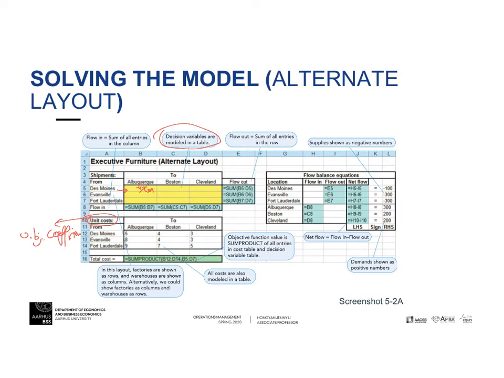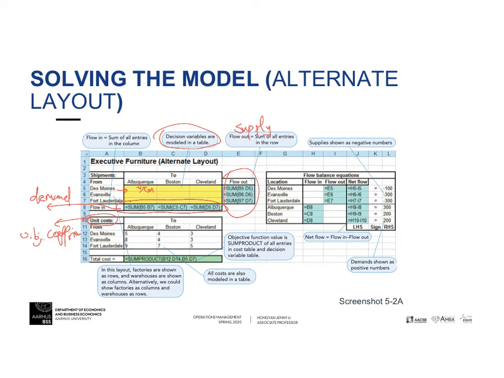The difference from the previous layout is now you have the flow out, or the supply capacity constraints, in this part, and then you have the demand constraint at the bottom of this decision variable table.